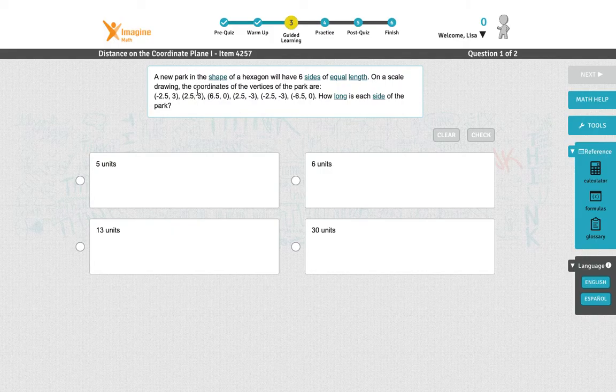We know that this is a straight line because they have the same y value. Now the x values are different, but that also tells us the distance. So if I am negative 2.5 from 0, how far am I from 0? 2.5, right? Well, if I am 2.5 from 0 here, and 2.5 from 0 here, what's 2.5 plus 2.5?